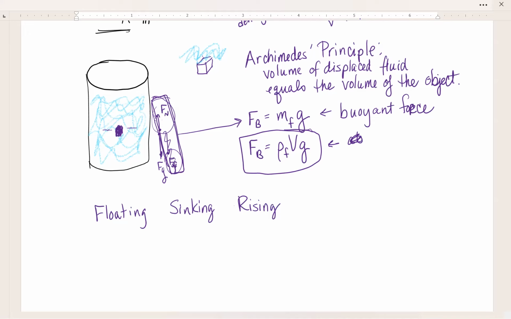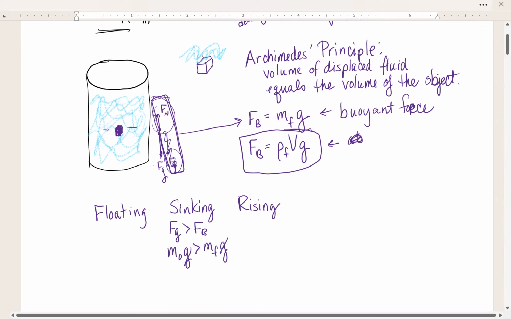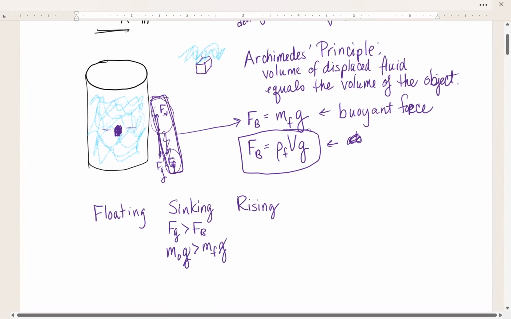Something that sinks means that the force of gravity is greater than the buoyant force. So the mass of the object times gravity, and that O is not a zero this time, is greater than the mass of the fluid times gravity. Notice my gravities cancel.